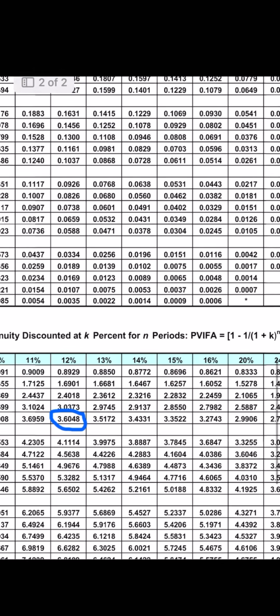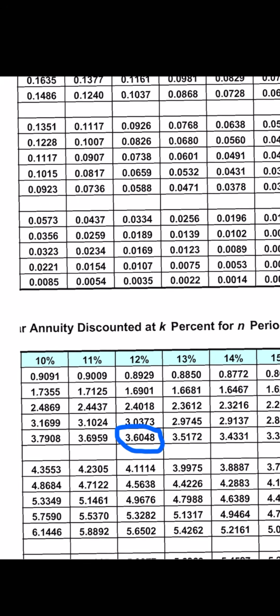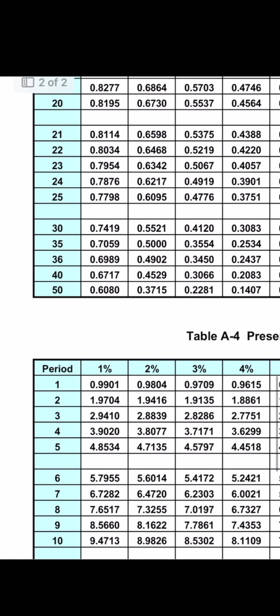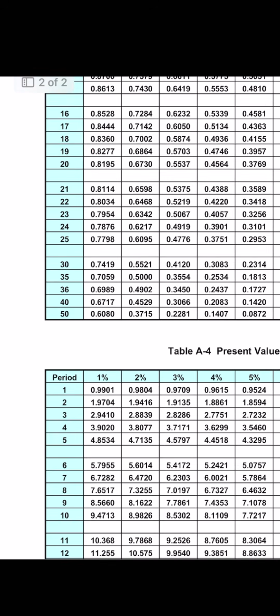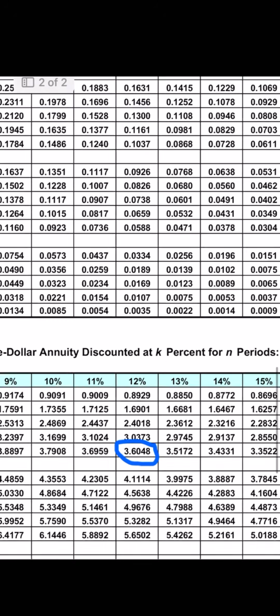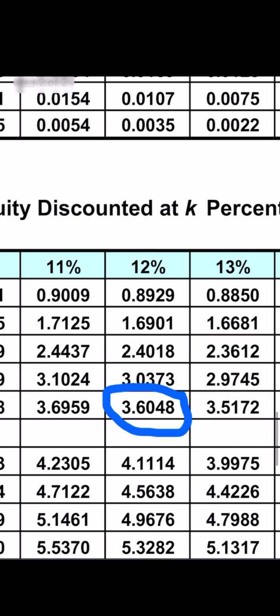So we check for 12% where it's meeting with period 5. On the left side, we have the periods: period 1, 2, 3, 4, 5. You have to check for the percent where it's meeting with the period. In this case, it's meeting at 3.6048 where I circled. So this is our present value interest factor annuity.